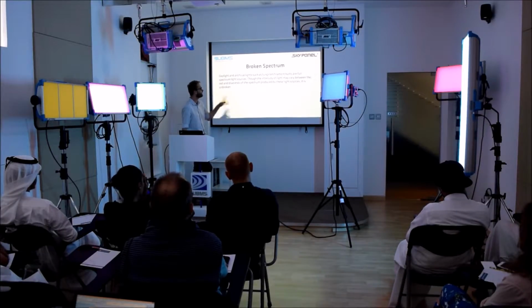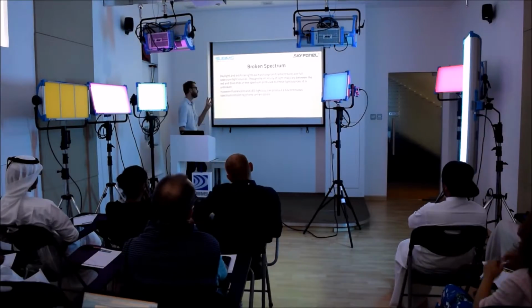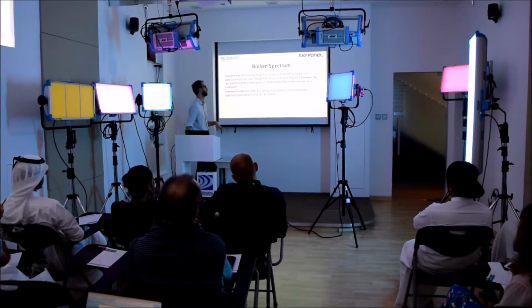Though the intensity of light may vary between the red and the blue ends of the spectrum, we're going to look at some more charts in there. It's unbroken. So that means even though a light may have more red in it than blue, traditionally, well, still with fluorescence, with LEDs we've got some solutions which we're going to come to.